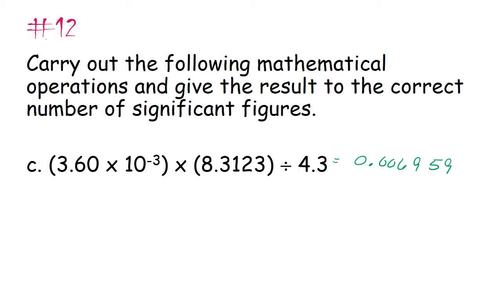I do like that 0 in front of the decimal. Those are strange zeros. I'll try to fix that up for you. That didn't help. Okay, let's find the eraser and we'll try that again. This number equals 0.006959.